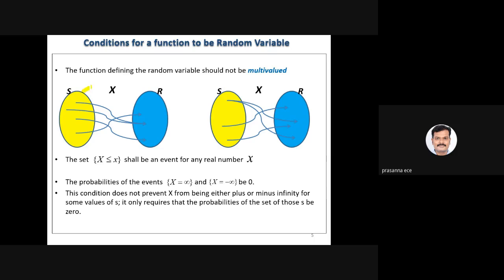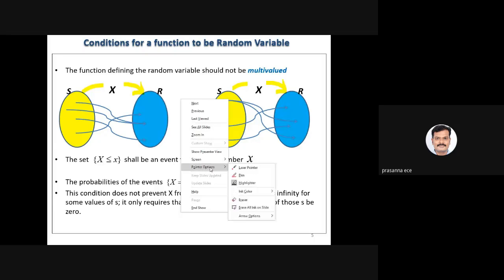So it is a mapping from here to here. So X is a mapping. The random variable X is a mapping from the set of outcomes of the random experiment to the set of real numbers. So again, this is also a mapping. Okay. So what we are showing here is here. I'll just change my highlighter.